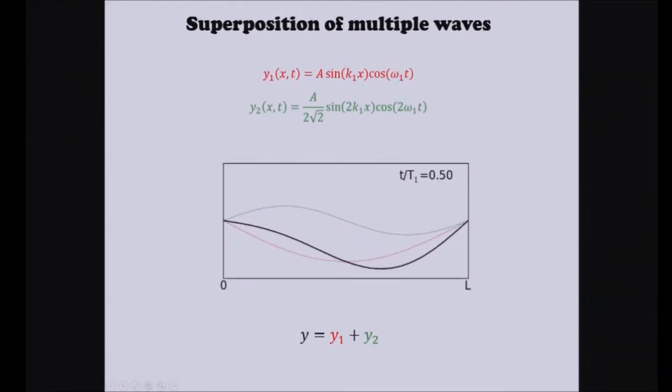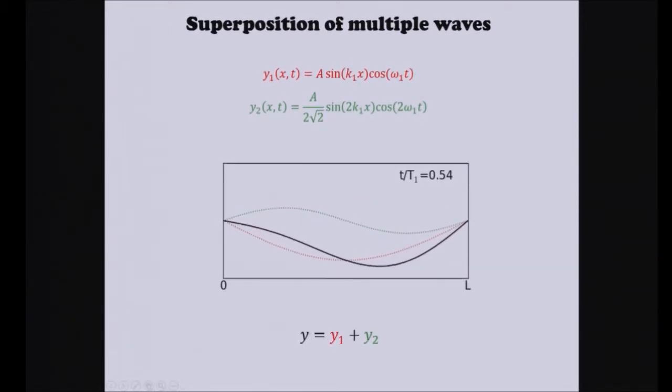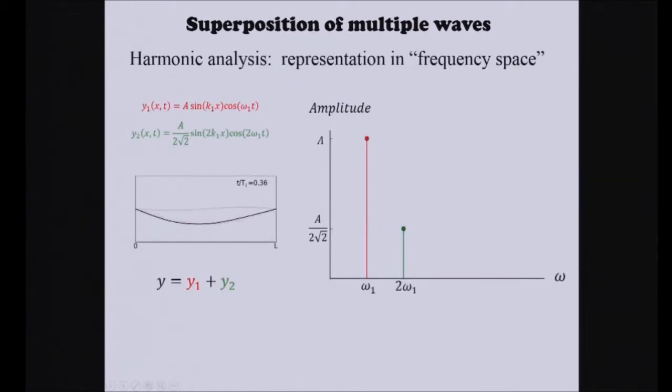So I want to give you a different way of envisioning the superposition of waves. By superposition of waves, that just means we're taking two waveforms and we're adding them together. Another way to visualize this is to look in frequency space. What this means is you're going to plot the amplitude of the wave versus what frequency it's oscillating at.